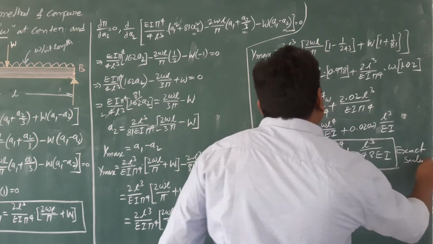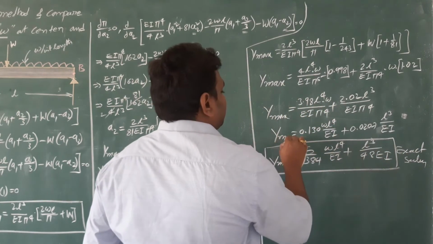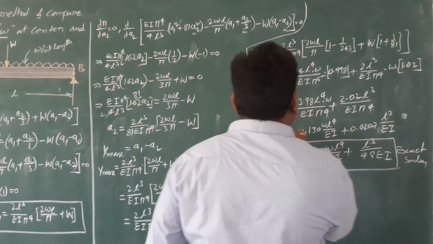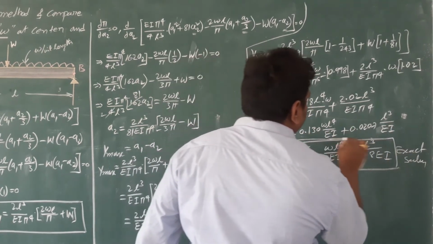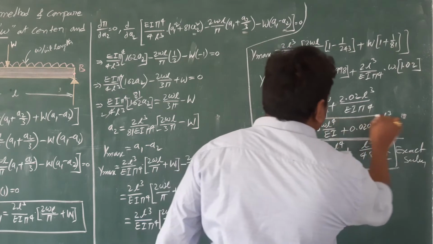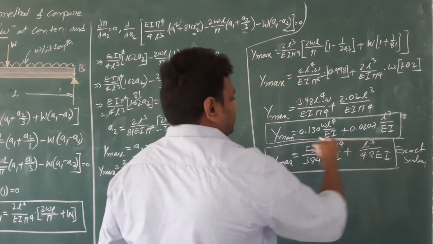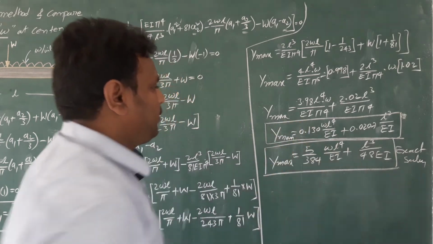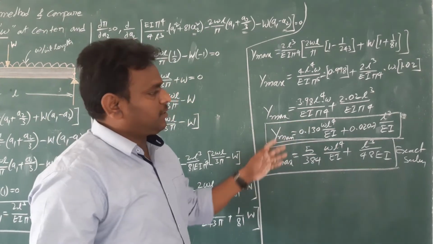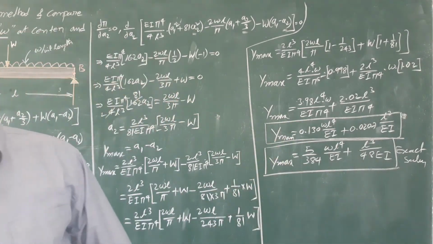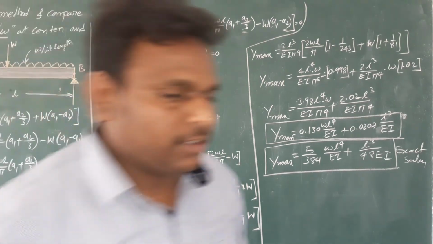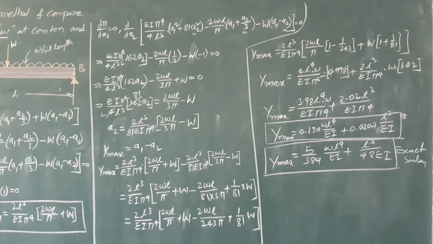Okay, so in this equation, through the Rayleigh-Ritz method we got this equation, 4L cube. So similarly, both the relations are similar. That's why by using the Rayleigh-Ritz method we can solve this type of problems also. Both are same.